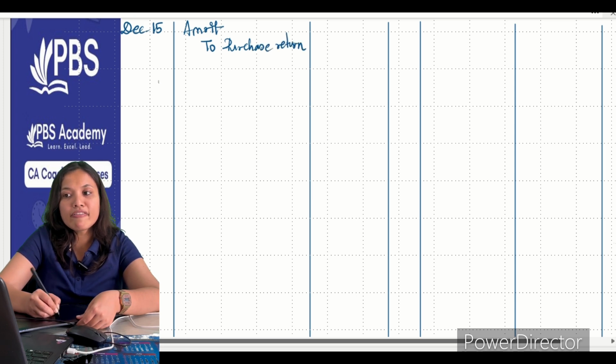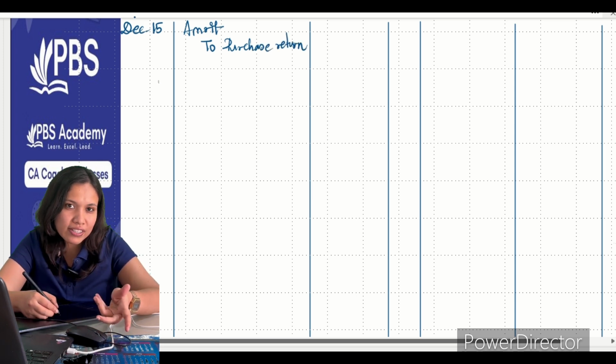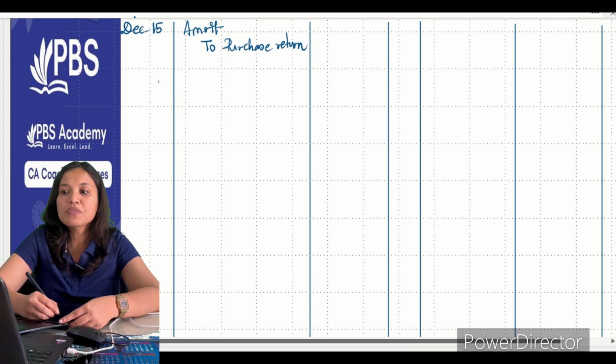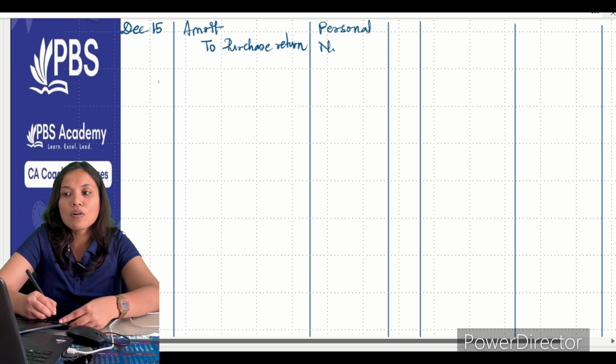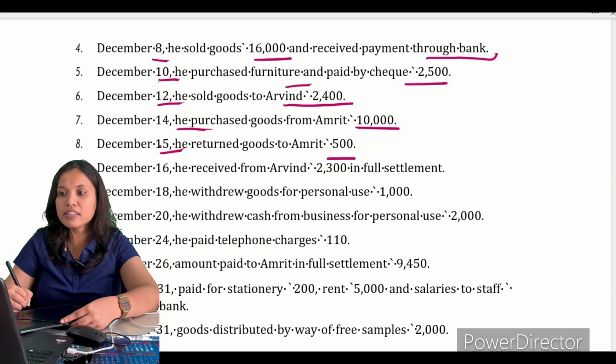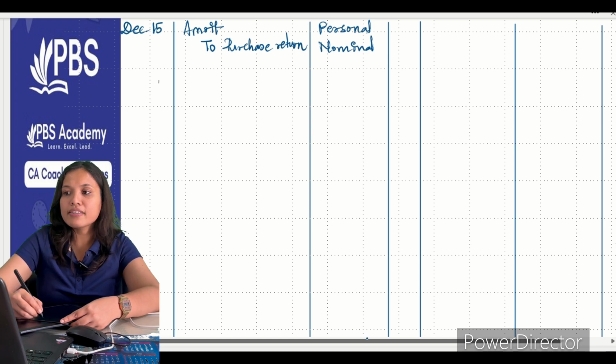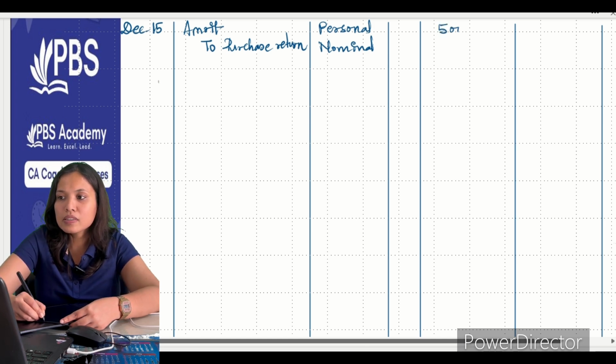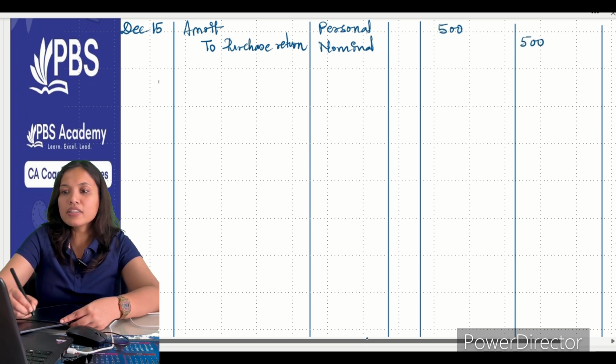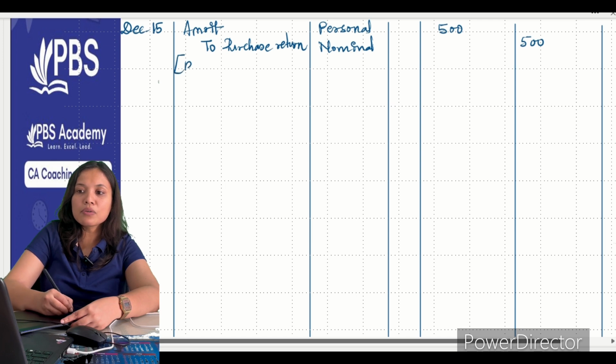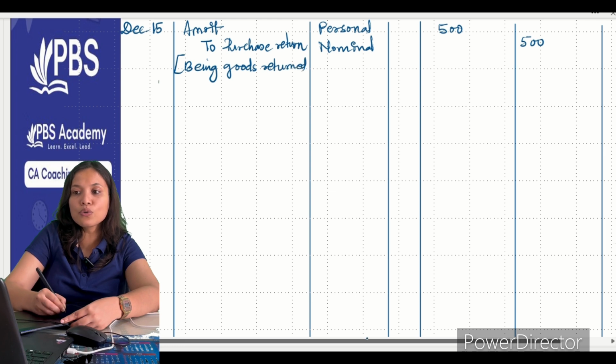My expenses have decreased, that's also one of the reasons I can write it on the credit side. So it is personal, and again it is nominal. Goods returned worth how much? 500 rupees. So write down the narration being goods returned to Amrit.